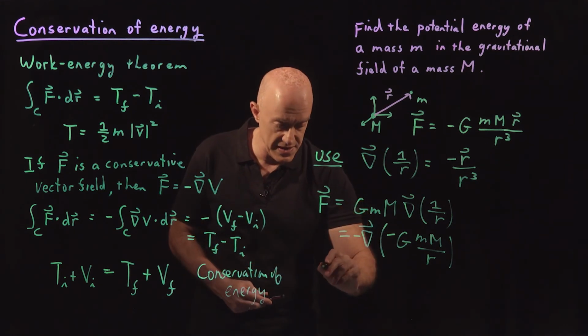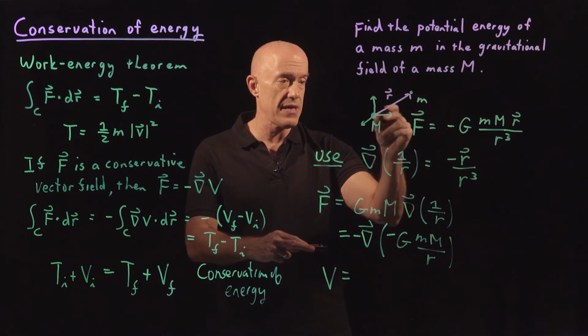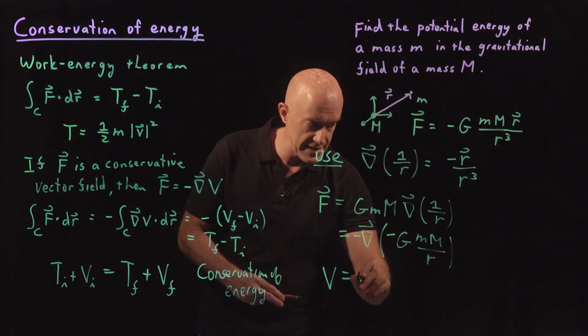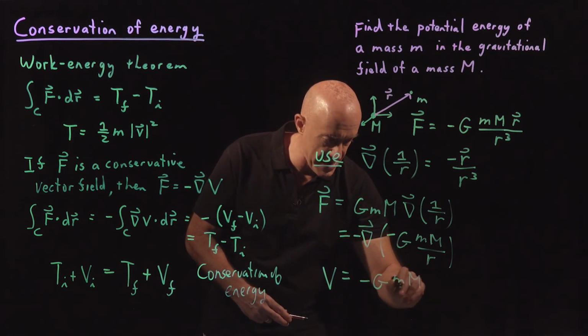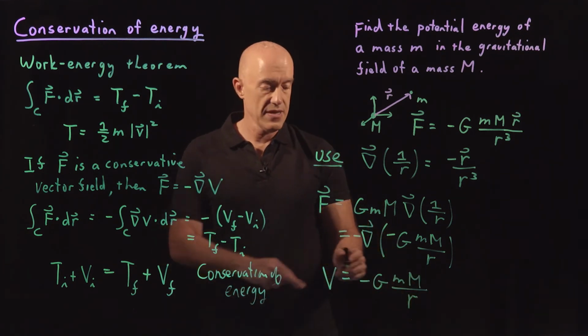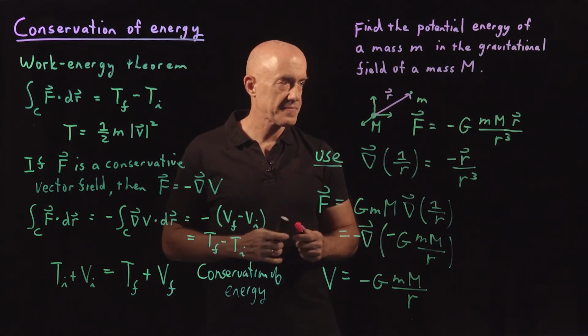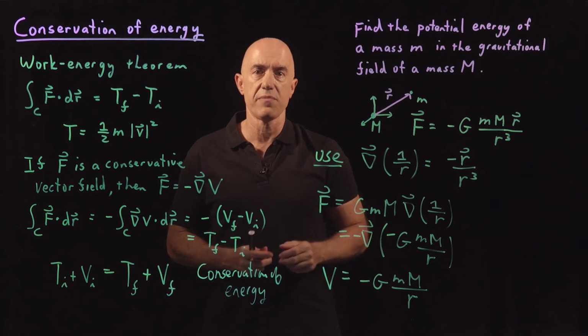So then we get the potential of the little mass m in the gravitational force of big M is given by minus G, the product of the two masses, divided by r. Okay? That's the potential energy. You'll need to use this then in the reading problem.